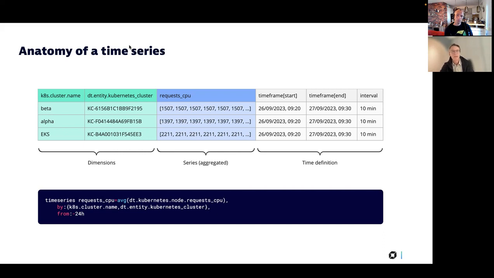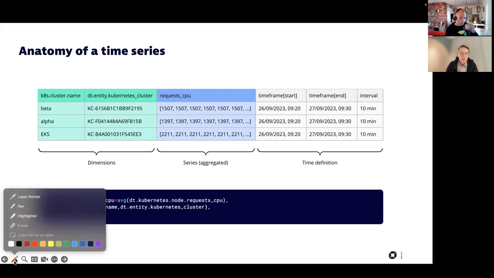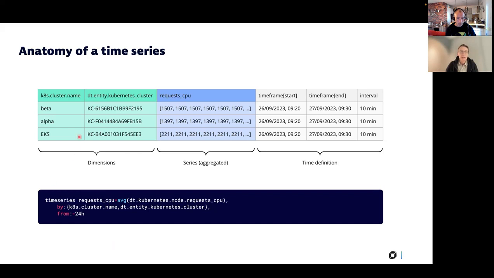So what is a time series exactly? When you see a time series from the outside, maybe I'm going to use the laser. From the outside, a time series is something that we're familiar with. It's dimensions. So it's all the information that is giving you context about your log line.